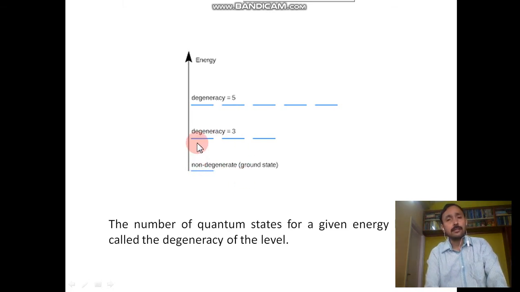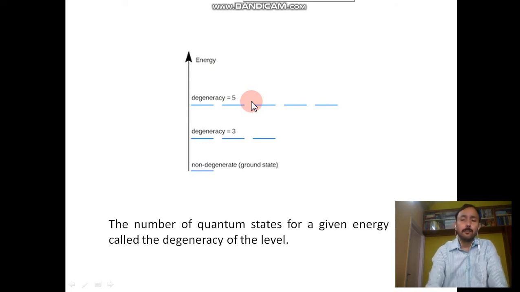For the first excited state there are 3 states having the same energy value. So this is a degenerate state, and the degree of degeneracy is 3. For the second excited state, suppose there are 5 states having the same energy value. Then the degree of degeneracy will be 5.